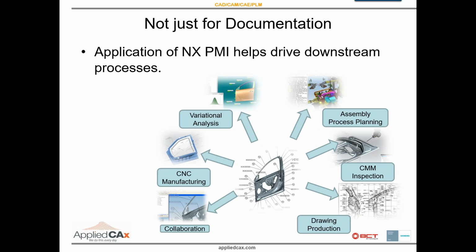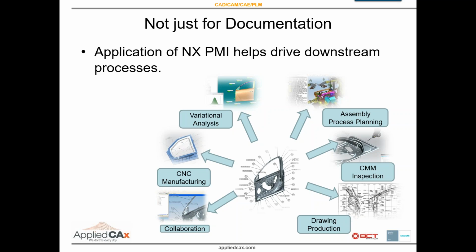CNC manufacturing can consume certain bits of the information in the PMI world and allow you to reduce your programming time. You can also use PMI in variational analysis. Variational analysis is a tool that Siemens has that allows you to bring in the lightweight data with all the PMI and do assembly configurations.